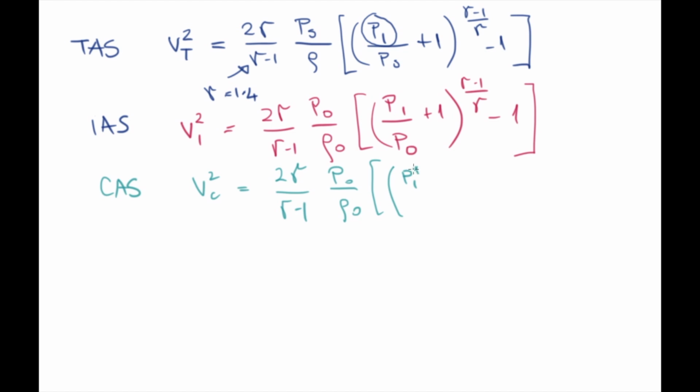I'm going to denote that with a pi asterisk, a more accurate version of the impact pressure, which accounts for positioning errors in the pitot-static system, in particular when it comes to the positioning of the static source. So what we've done here is we've corrected for positioning errors.